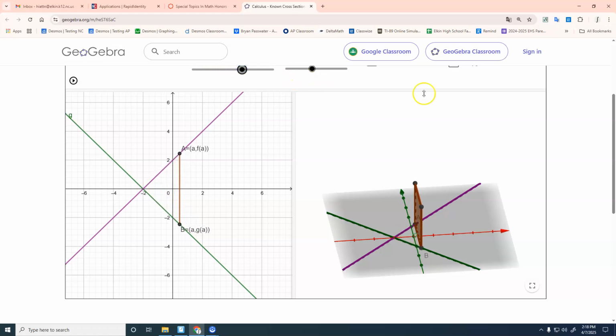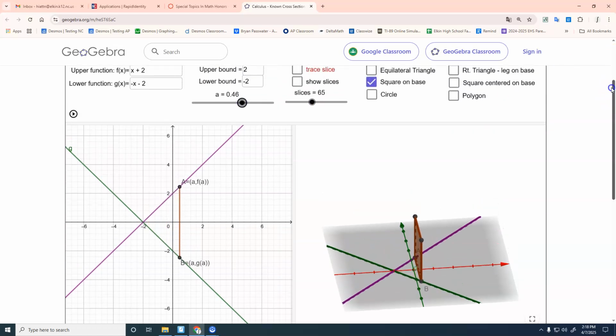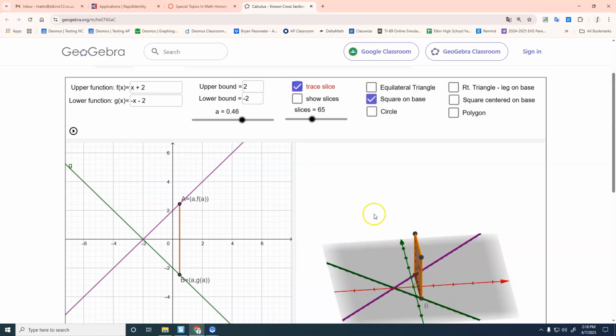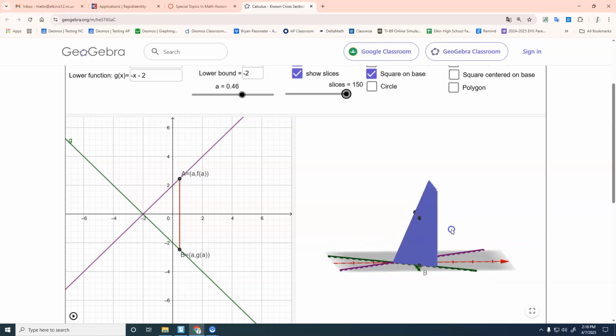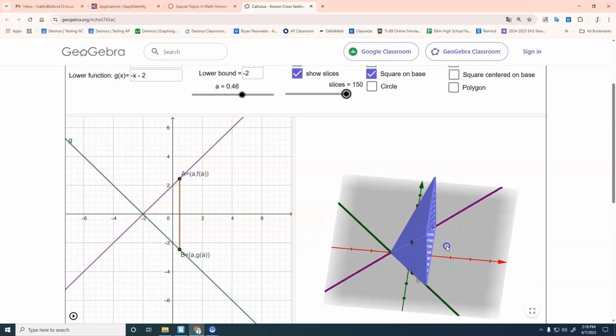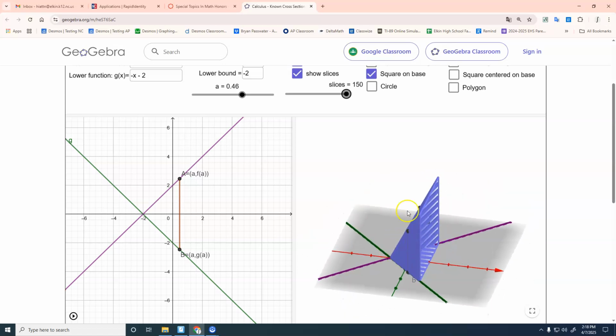If you put that all together, I'll show slices. That's what it would look like with very few squares. As you make more squares, it would become this figure right here. It kind of looks like triangles put together.